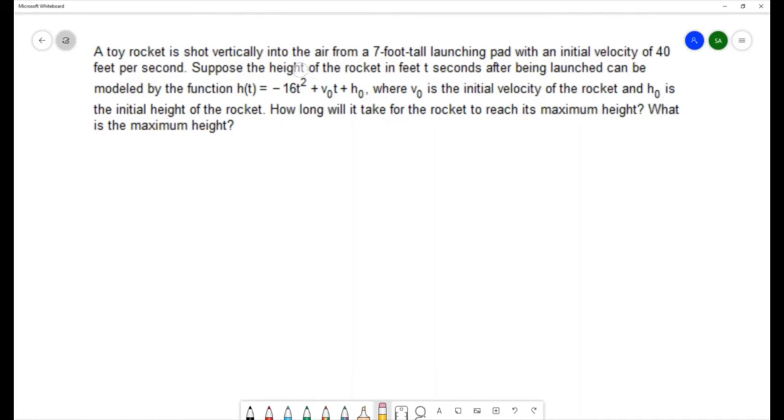Suppose that the height of the rocket in feet, t seconds after being launched, can be modeled by the function h of t equals negative 16 t squared plus v naught times time, plus h naught, where v naught stands for the initial velocity of the rocket and h naught stands for the initial height of the rocket. How long will it take for the rocket to reach its maximum height, and what is its maximum height?